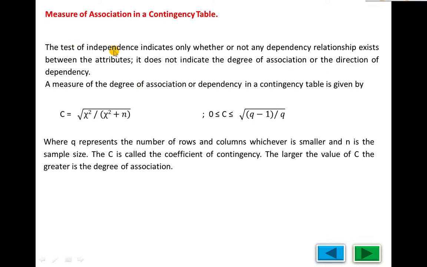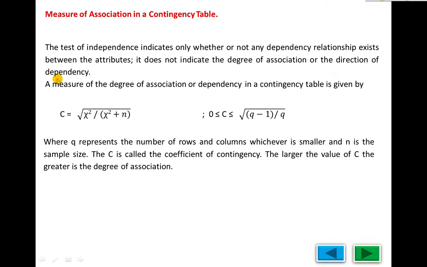So the test of independence indicates only whether or not any dependency relationship exists between the attributes, characteristics, criteria of classification, etc. It does not indicate the degree of association or the direction of dependency.